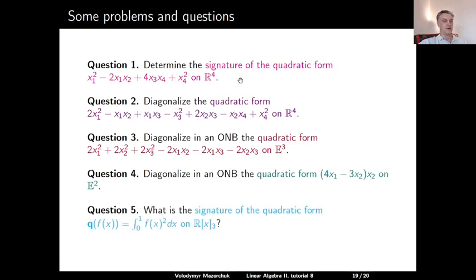And finally, question 5. What is the signature of the quadratic form on the set of all polynomials of degree at most 3, where the value of the quadratic form q at a polynomial f of x is given by the formula integral from 0 to 1 of f of x squared dx.